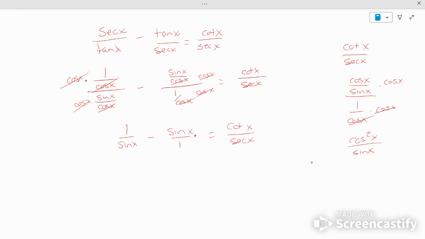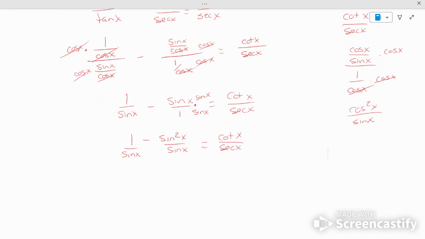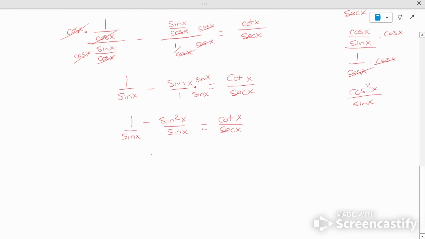To make these into one fraction, I need a common denominator. So I'm going to have to multiply by sine of x over sine of x. So then I get 1 minus sine squared of x over sine of x equals cotangent of x over secant of x.